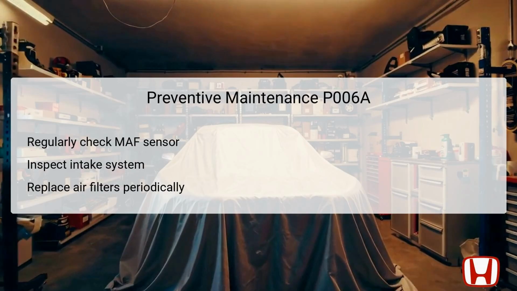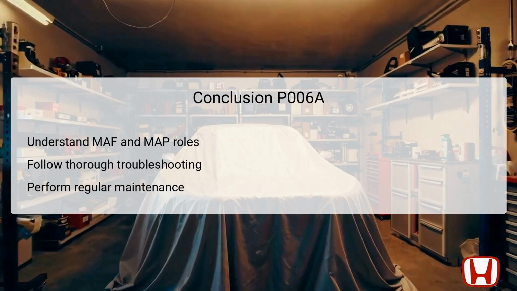In conclusion, the DTC P006A signals critical issues involving the MAF and MAP sensors that can adversely affect engine performance. Understanding the roles of these components and their interrelation is key to effective troubleshooting.